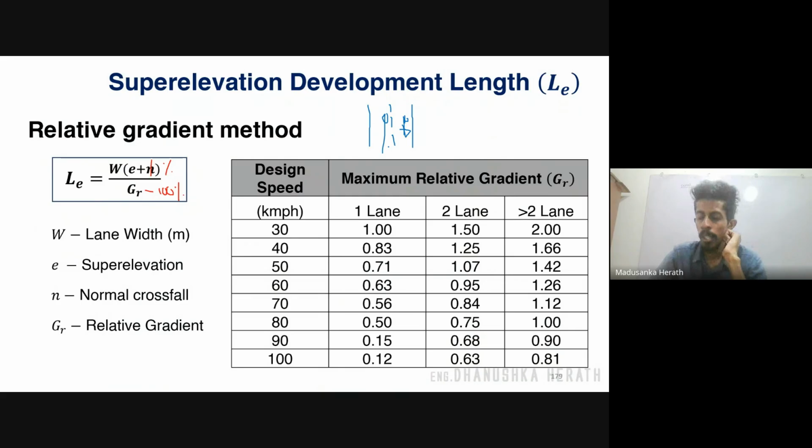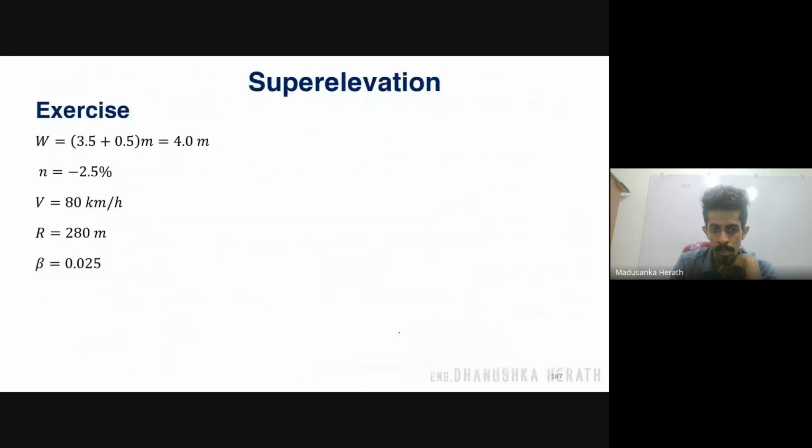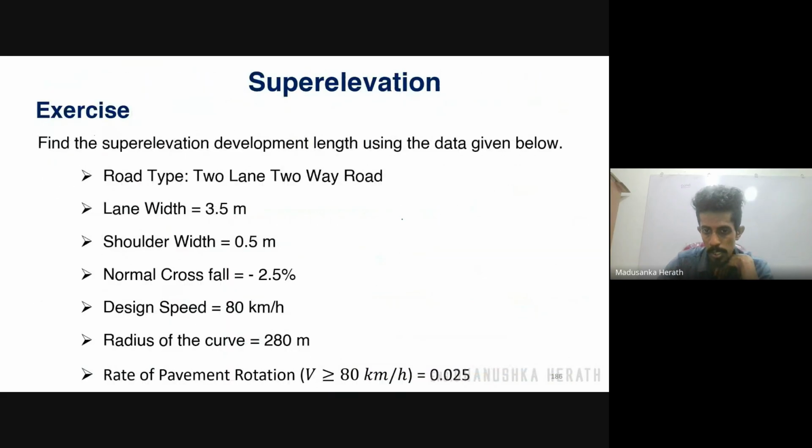So when we are rotating the pavement, we are rotating only one lane. Therefore, you have to use the one lane and speed is 80. So our GR value is 0.5. If this is a two-way road, only one lane is rotating. Therefore, we have to take GR as 0.5.